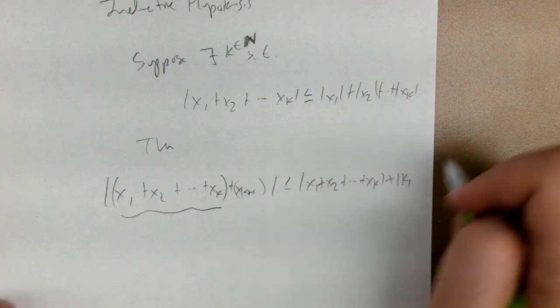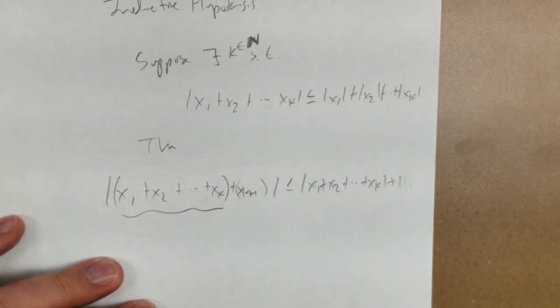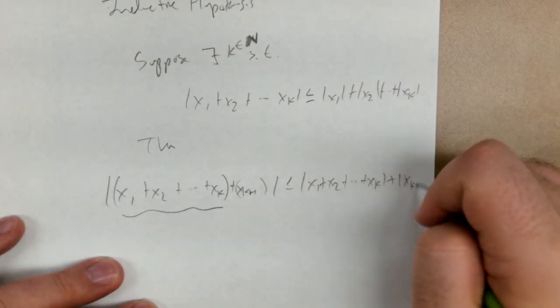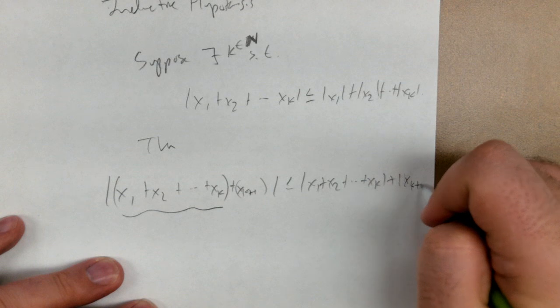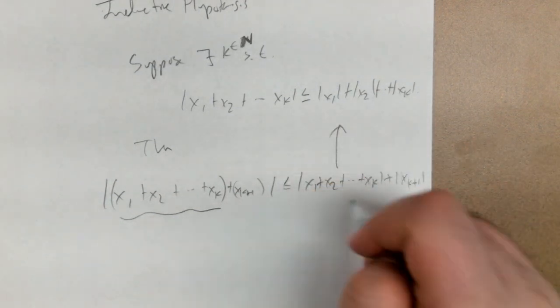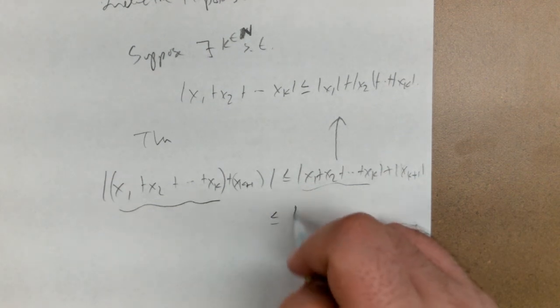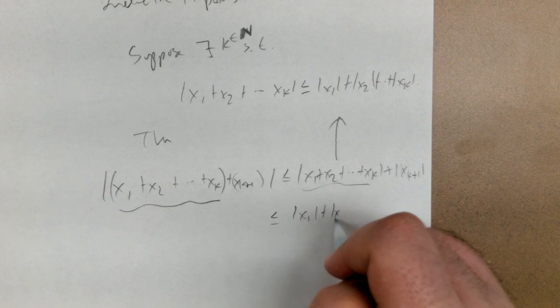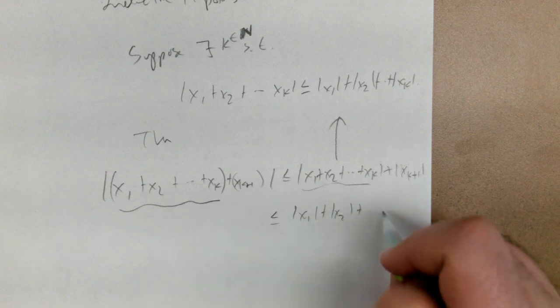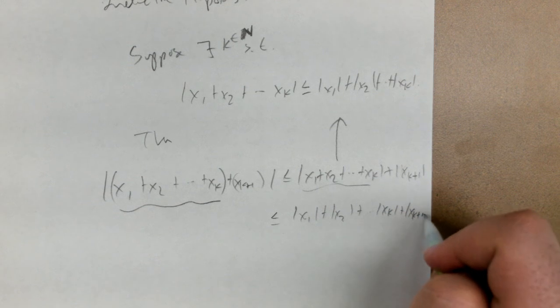That's the regular triangle inequality. And your inductive hypothesis says, hey, this stuff, I already know that breaks up. So this is less than or equal to x1 plus x2 plus xk, and then you have the new one from the last step. So that's it.